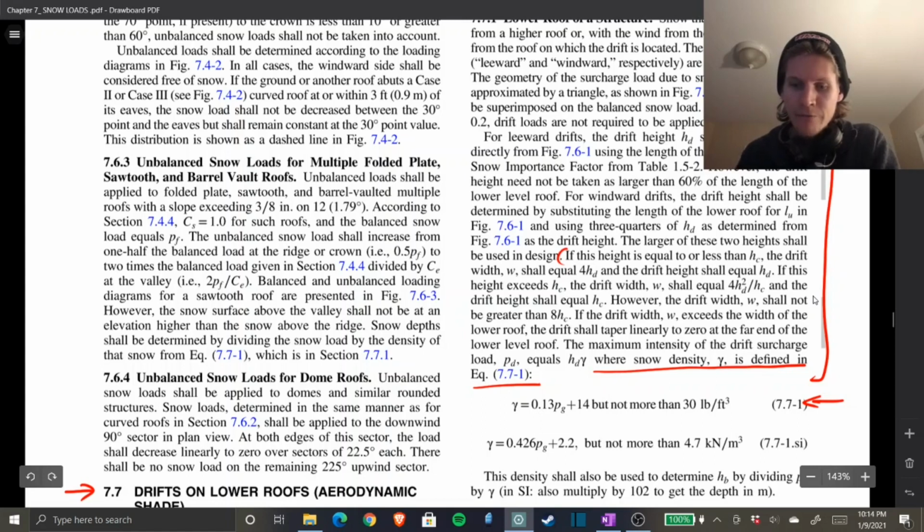So if we go back, you'll see there's more cases. If h_d exceeds h_c, the drift width w shall equal 4h_d squared divided by h_c, and the drift height shall equal h_c. However, the drift width w shall not be greater than 8h_c. So let's check to make sure that we didn't breach our maximum.